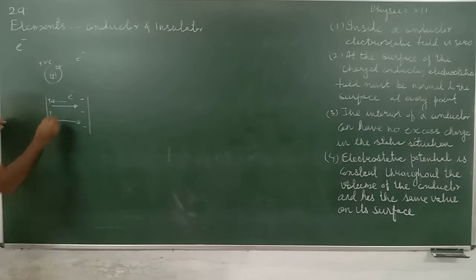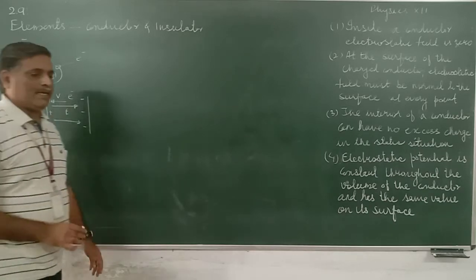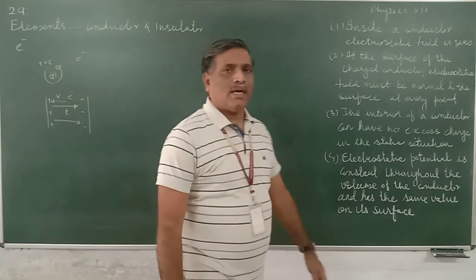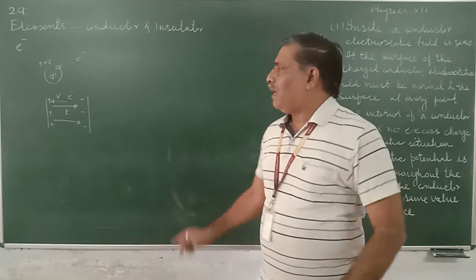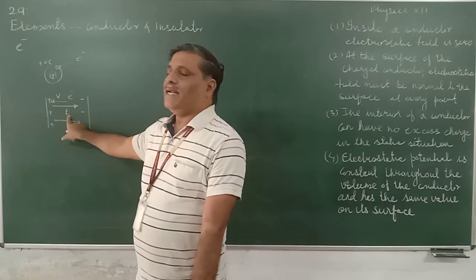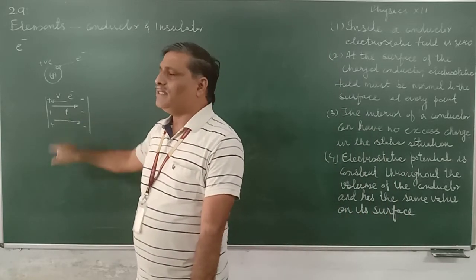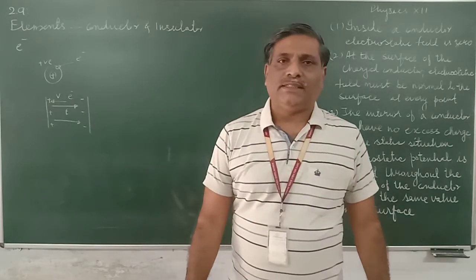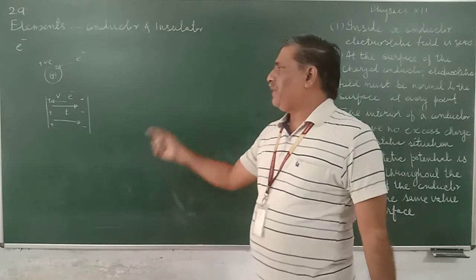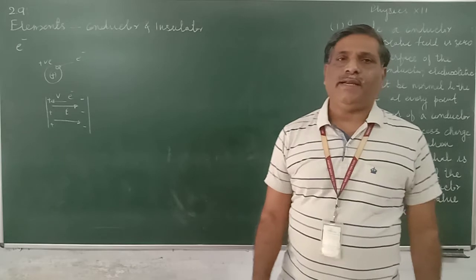So it's very clear that the velocity of the electron is opposite to the field direction. The electrons always drift opposite in direction to the electric field. These are a few things which we already studied.